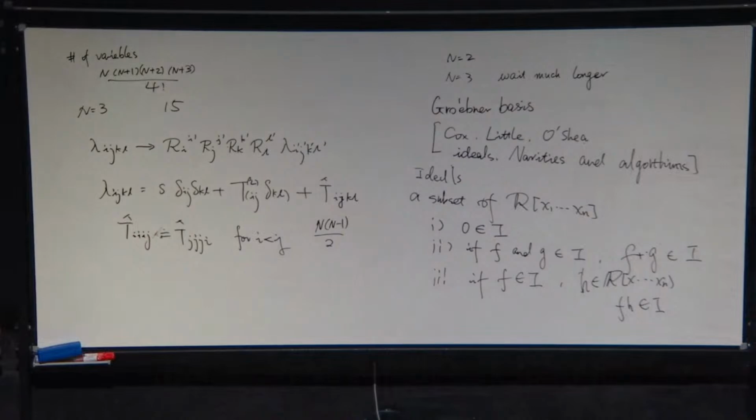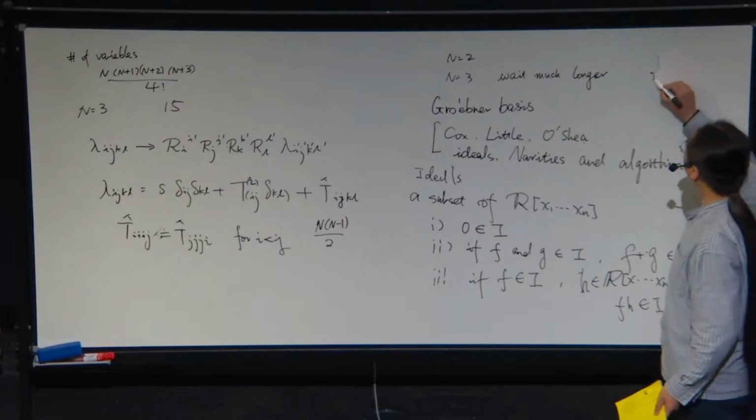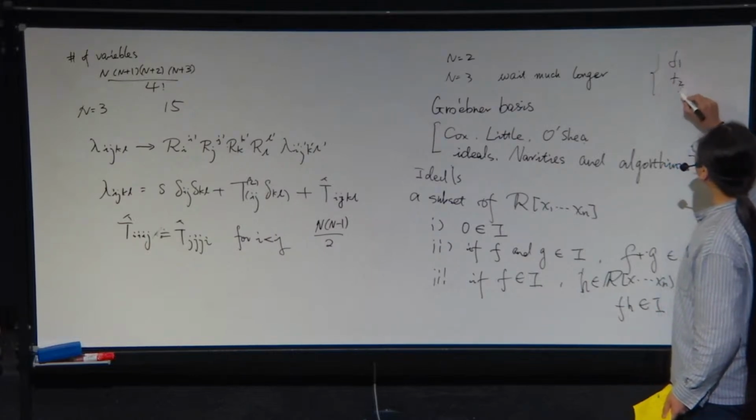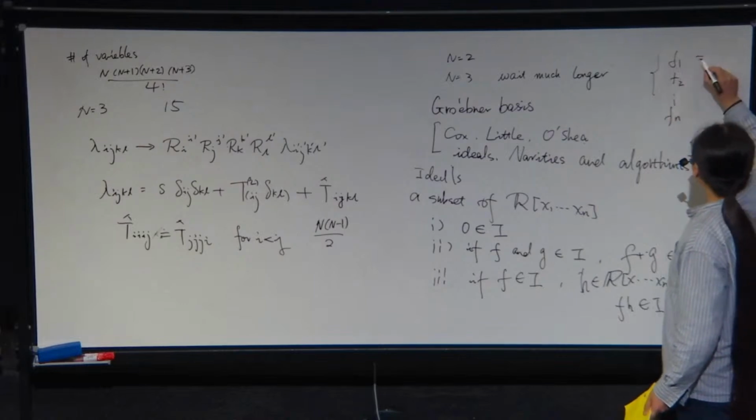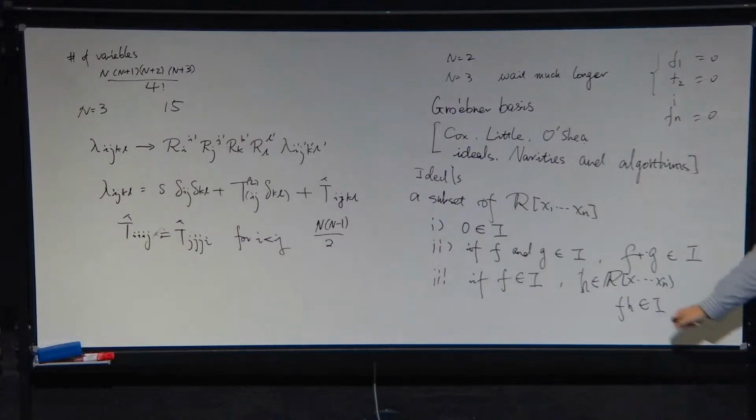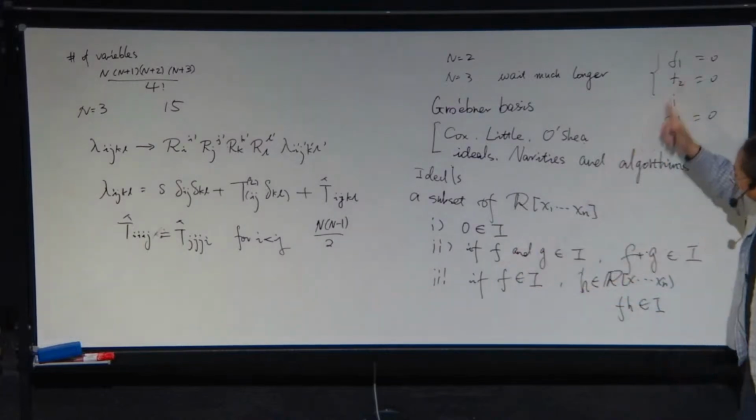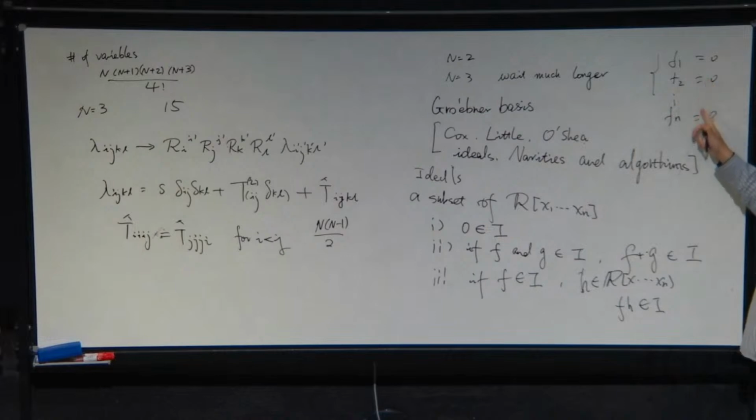Okay? Why is this the same question we are studying, solving polynomial equations? If we have a set of polynomial equations, f1, f2, up to fn, we want them to be equal to 0. Of course, if f is one of these equations, g is one of these equations, the summation of them is also one of these equations, it is still 0, right?